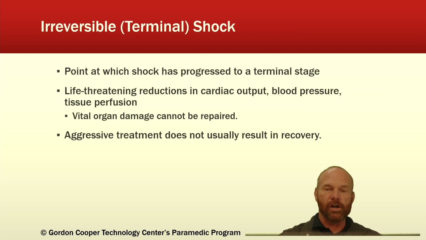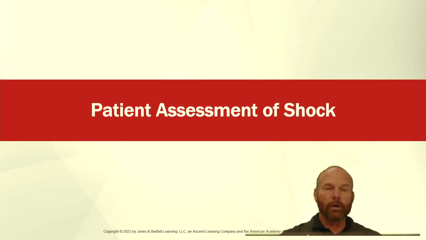Significant decreases in cardiac output, blood pressure, and tissue perfusion occur. We start to see the damage to those organs. That becomes irreversible and cannot be repaired. So really aggressive treatment usually does not result in recovery, indicating a critical and often fatal condition when we're talking about this irreversible or terminal shock.